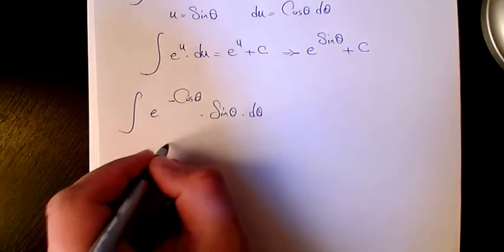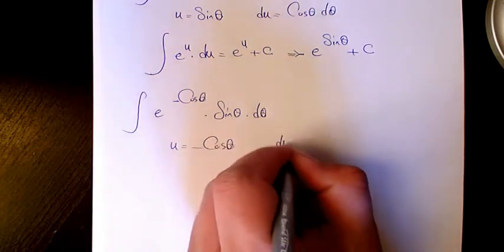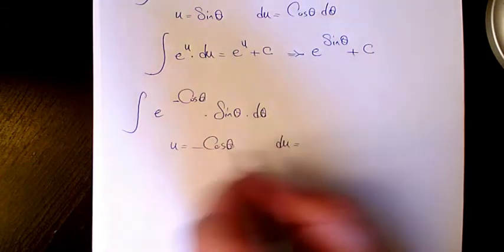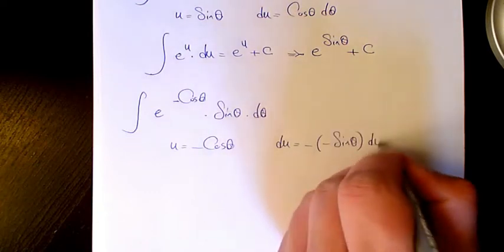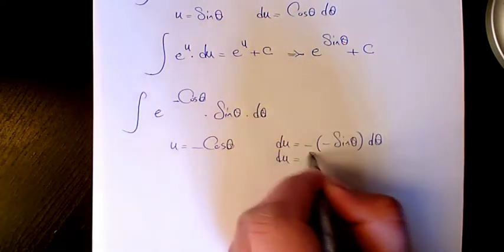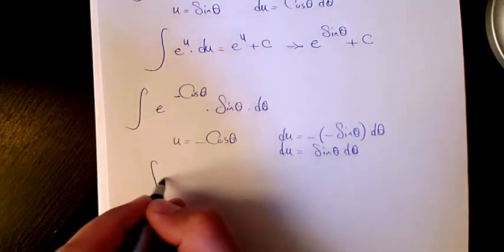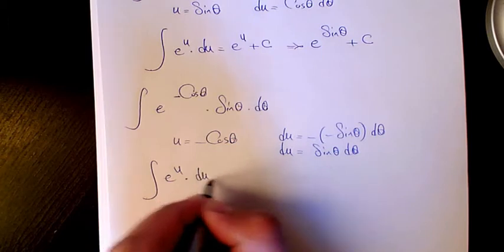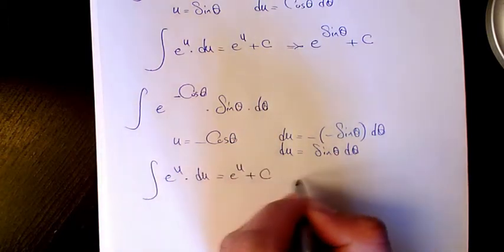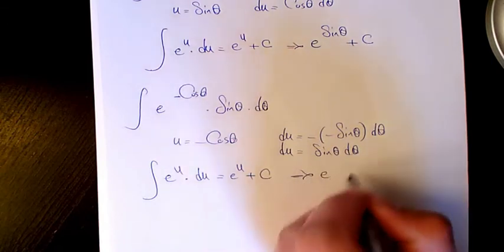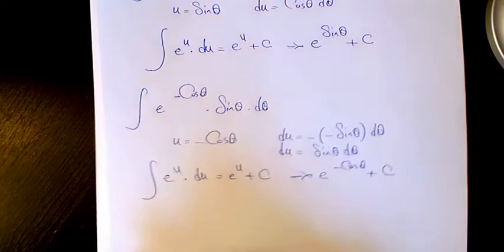Now I'm going to consider u as negative cosine theta. du is going to be negative times negative sine theta d theta, which is equal to sine theta d theta. So we have e to the power of u times du, and the integral of this is going to be e to the power of u plus c, which is e to the power of negative cosine theta plus c.